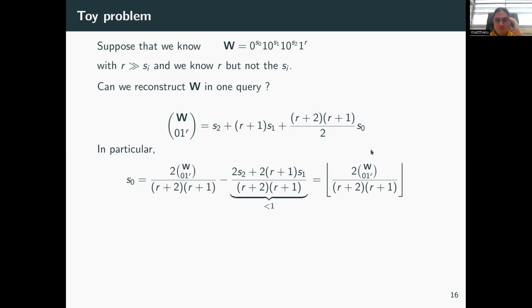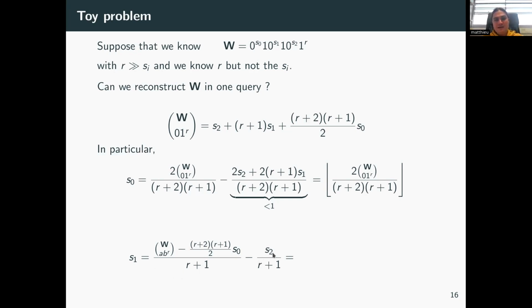Okay, now this is the query we've made, so we know the value just by the result of the query, and by assumption, R is known. So we can recover the value of S0 thanks to this query. Now let's try to do the same thing for S1. So again, if I take this equation and rearrange everything, I obtain that S1 can be written in this form.